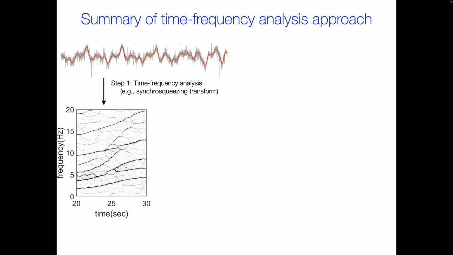This is the time, this is frequency. At each time, if you look at the y-axis, there is some intensity, which indicates how strong the oscillation is and how fast it oscillates. For example, there is a curve here that you can see. This intense curve suggests that, at time 25, this component oscillates about 15 times per second.